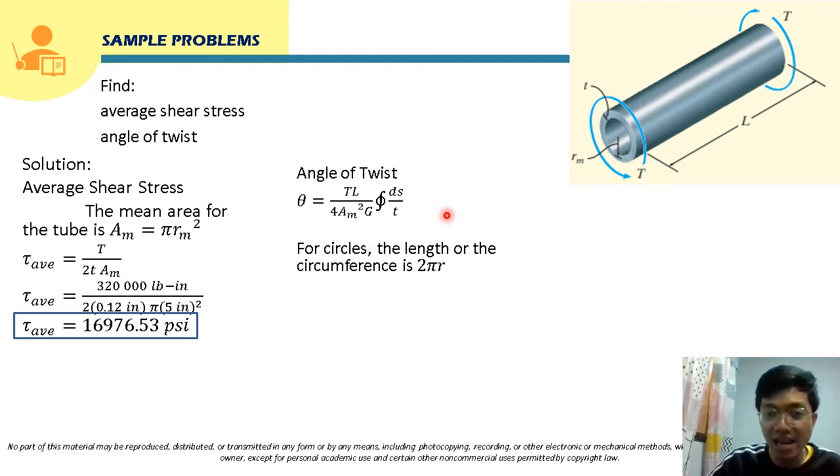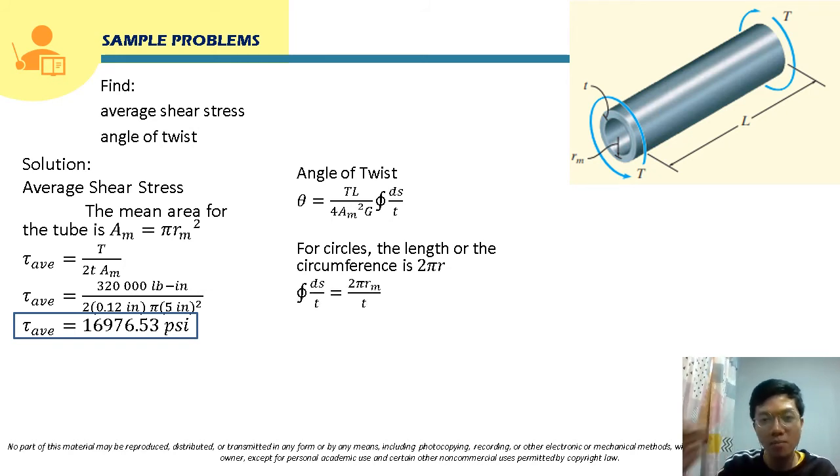In this case, the middle line is a circle, so the length is the circumference of the circle. The formula is 2 pi r, where r should be the mean radius, which is 5 inches. That is given in the problem.